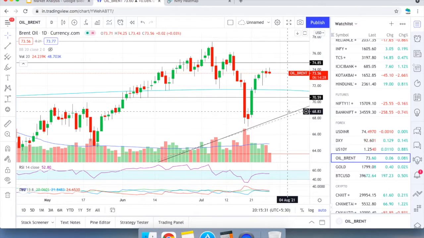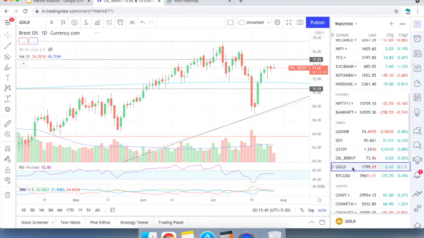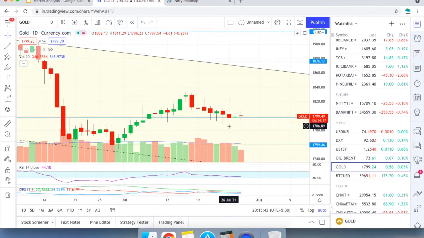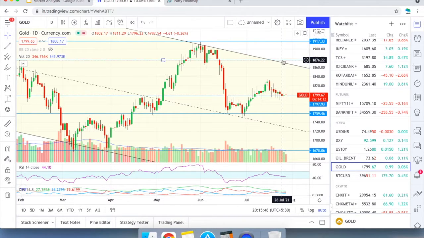And Brent, we can see that the oil is kind of consolidating, but still continues to be at a higher level and not dropping at all. Gold has a small body doji candle, indecisiveness. It is consolidating at a major support zone and probably heading upwards towards the channel top, right?